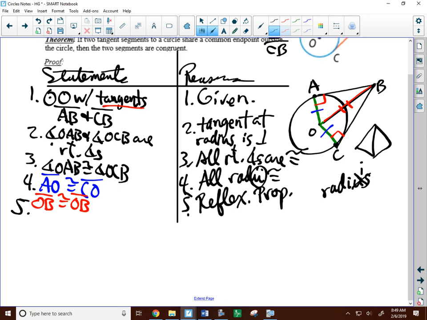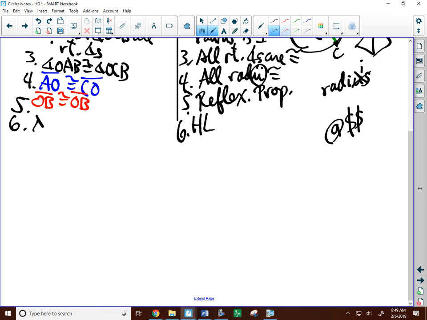So now we have two sides and an excluded angle, which we can't use. However, they're right triangles, and we have legs and hypotenuses congruent between the triangles. And so HL will show the triangles are congruent.